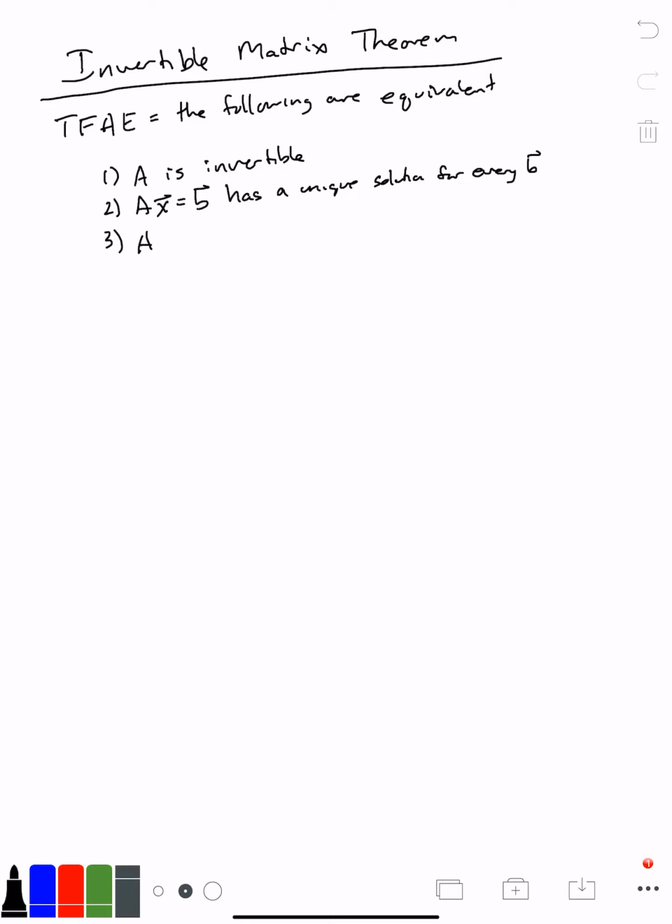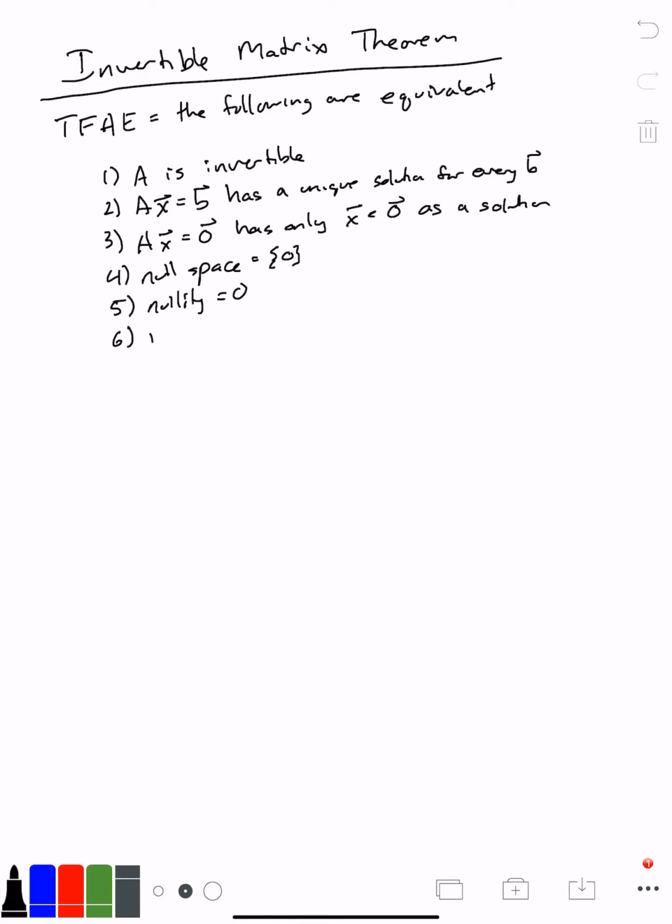Related to that, what if we have Ax = 0 has only x = 0 as a solution? Well, that means that the null space is just the 0 vector. Well, that means that the nullity is 0.